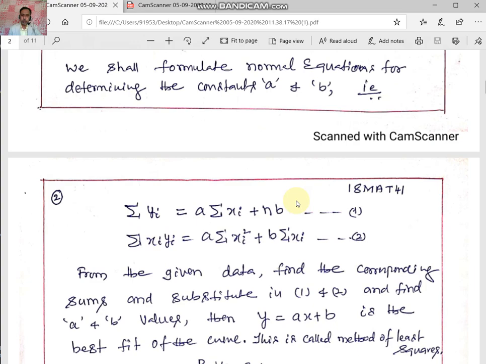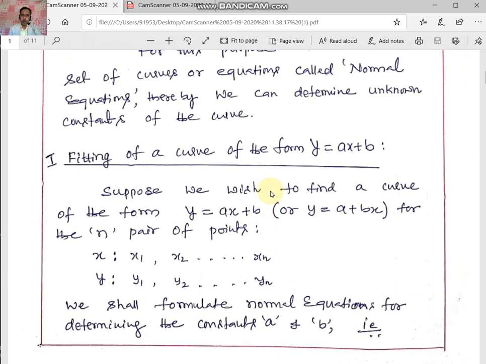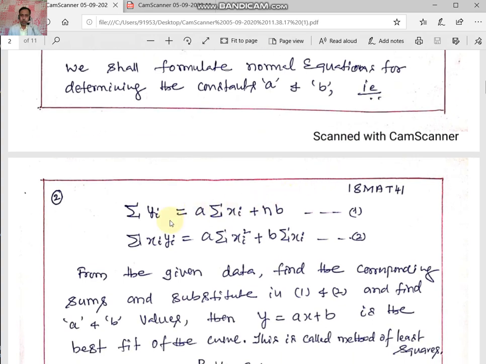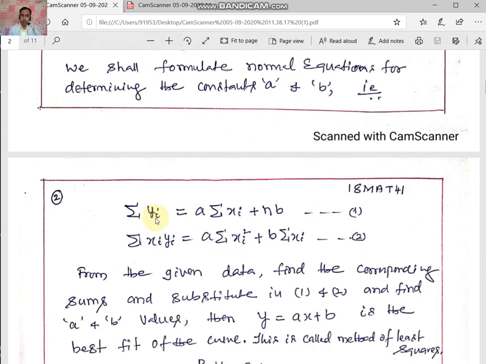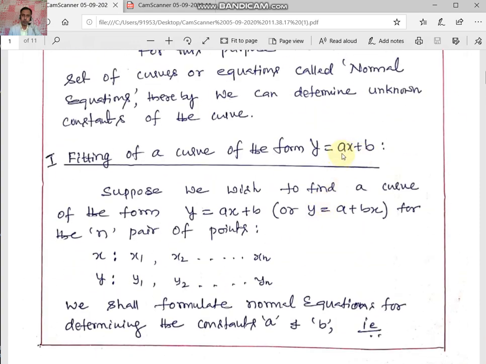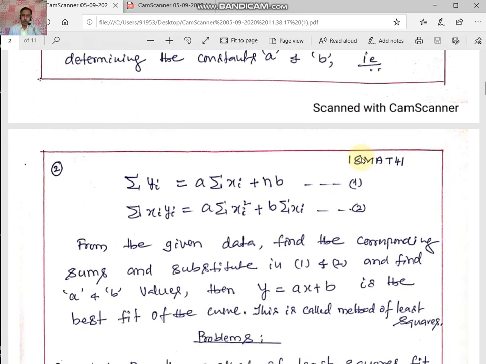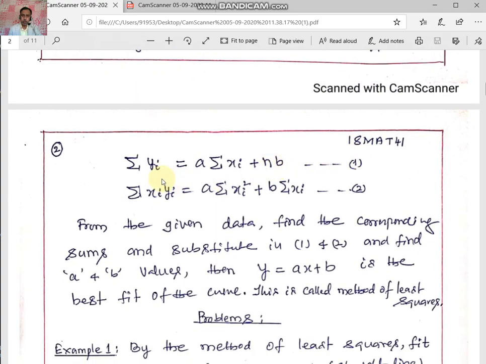Now, for the given straight line y is equal to ax plus b, apply the sigma notation on both sides: sigma yi equals a into sigma xi plus n into b. How does this nb come? Applying sigma notation to ax plus b gives a sigma x plus sigma b. We are adding the constant b n times, so it becomes nb. Therefore, sigma y equals a into sigma xi plus nb. This is one of the equations.